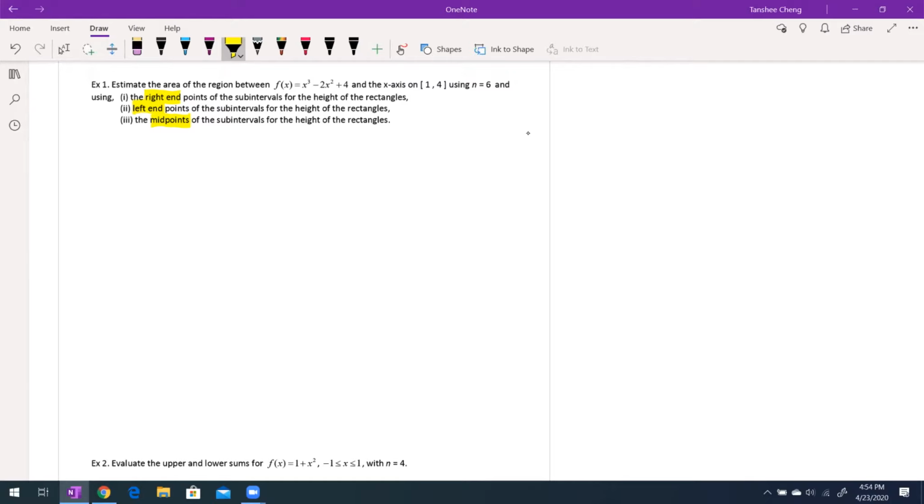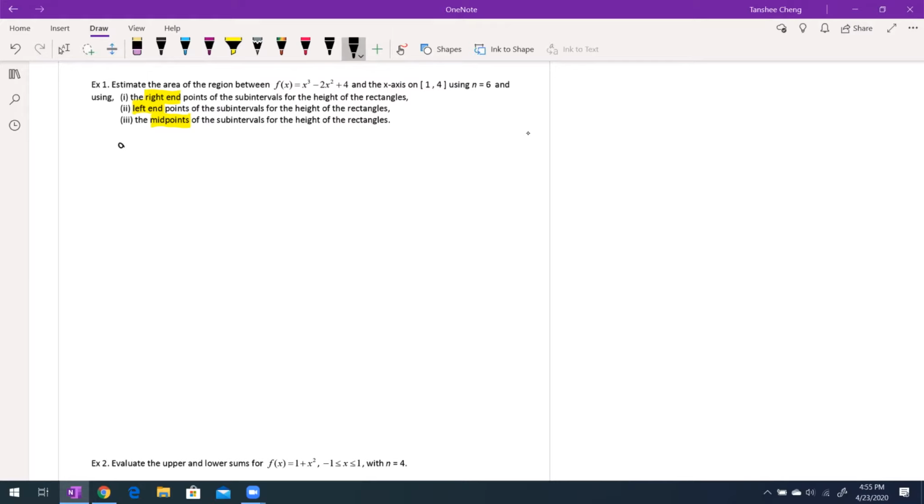We good, right? So far. So to talk about left and right endpoints or midpoints, because we are basically talking about the same problem in the same interval with the equal subinterval of 6, therefore for all of these 3, my delta x will be the same. So first thing we need to do is find out my delta x.